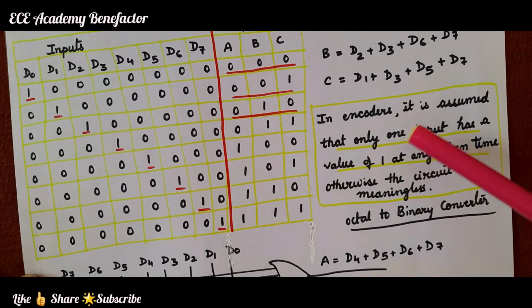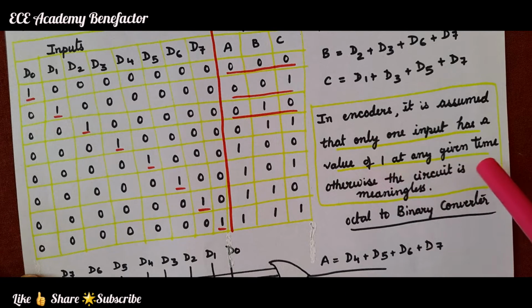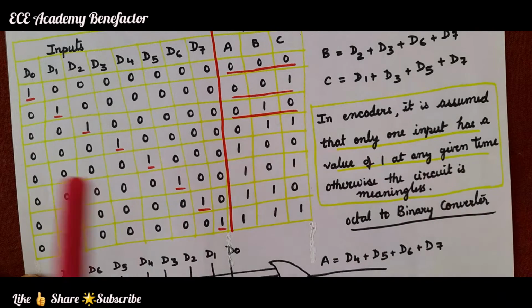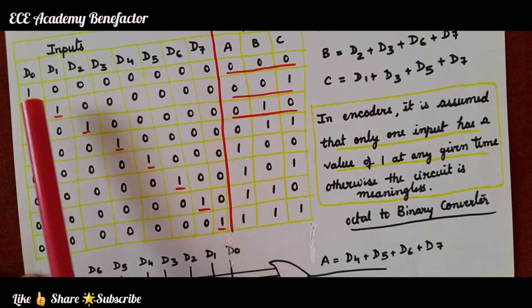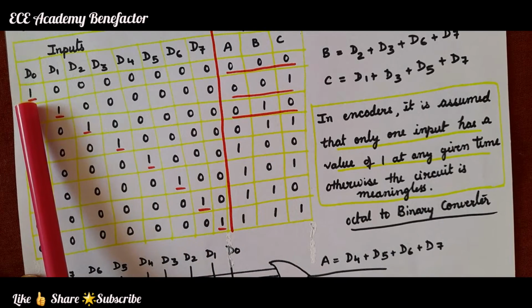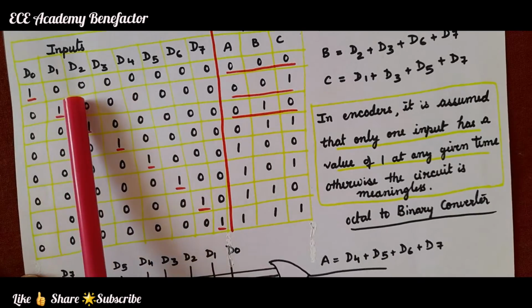In this octal to binary encoder, in encoder it is assumed that only one input has a value of 1 at any given time, otherwise the circuit is meaningless. So, here if you carefully observe, only one input is set as 1 for octal to binary encoder. If we have 2 inputs, then it will be meaningless.